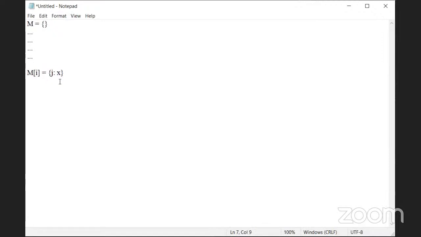So either you do something like this, or what we had earlier, where you create M of I first and then do M of I J. Both approaches are correct, but you cannot write only this highlighted line. If you write only this line, then it's incorrect. Okay, thank you, sir.